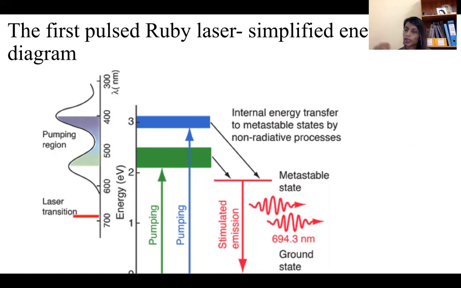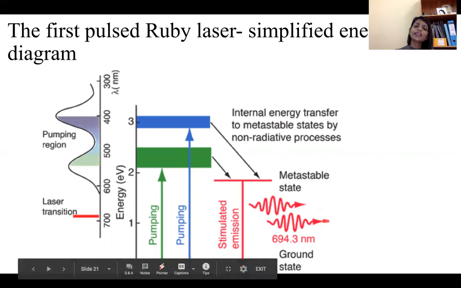population inversion, and then they start dropping down spontaneously, and these spontaneously emitted photons will be reflected back and forth due to these highly reflective mirrors on the sides.